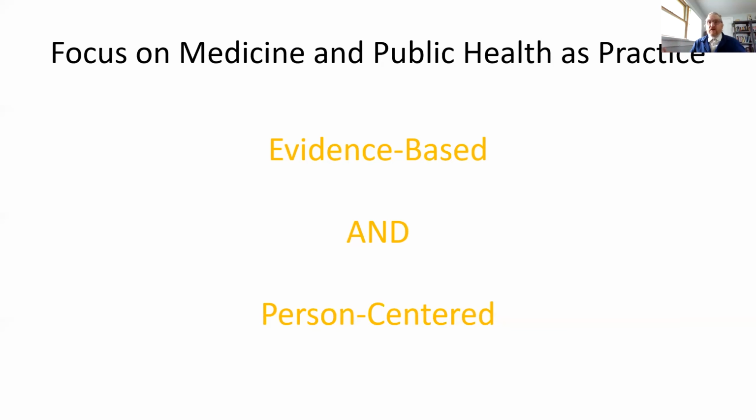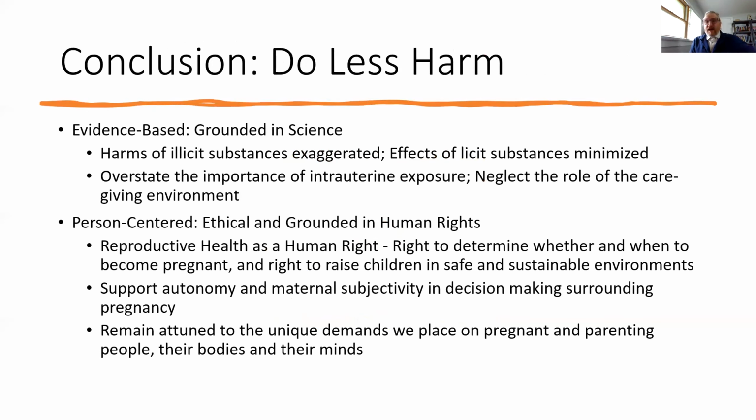Because when we put it all together, the work that we do should be both evidence-based and person-centered. By evidence-based, I mean grounded in science. Generally speaking, the harms of illegal substances are exaggerated, but we minimize those of legal ones.